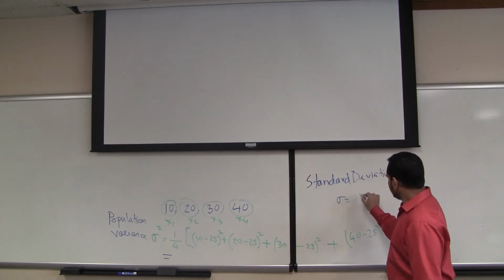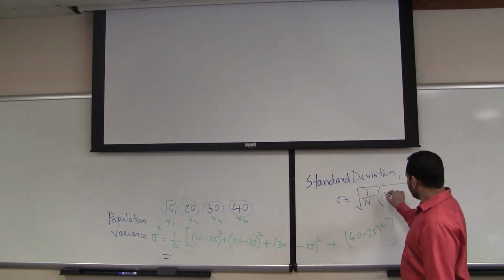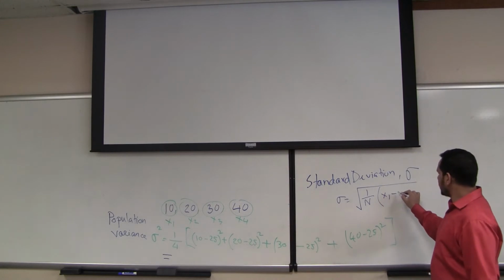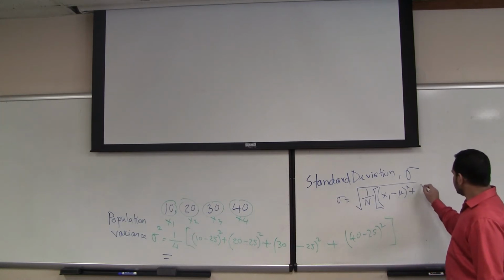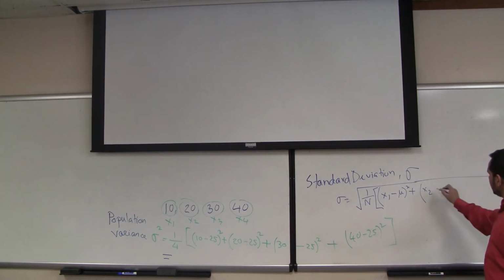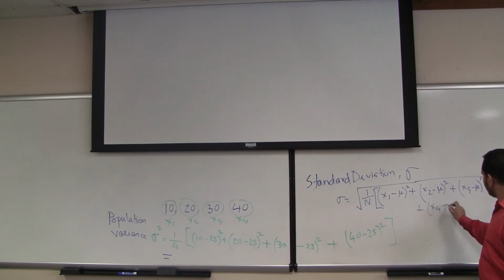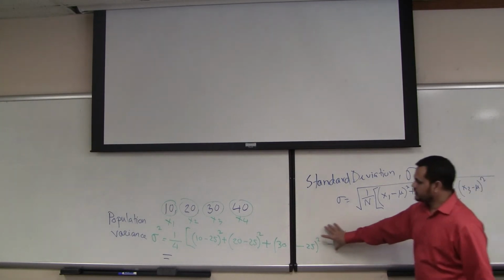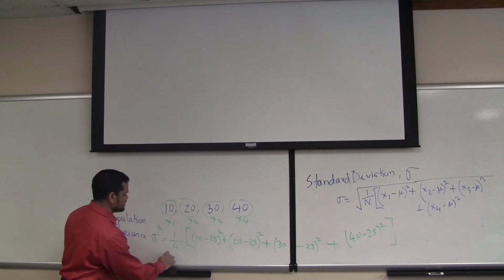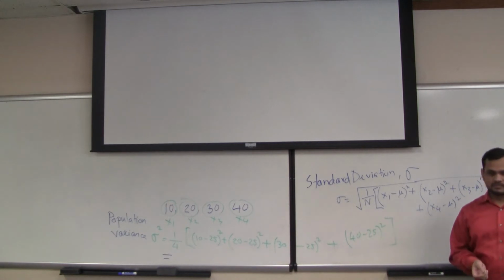That means sigma equals the square root of 1 over n, then my data minus my mean squared, plus next data minus my mean squared, plus next data minus my mean squared, plus next data minus mean squared. Whatever I did here, same thing, just I will take the square root.